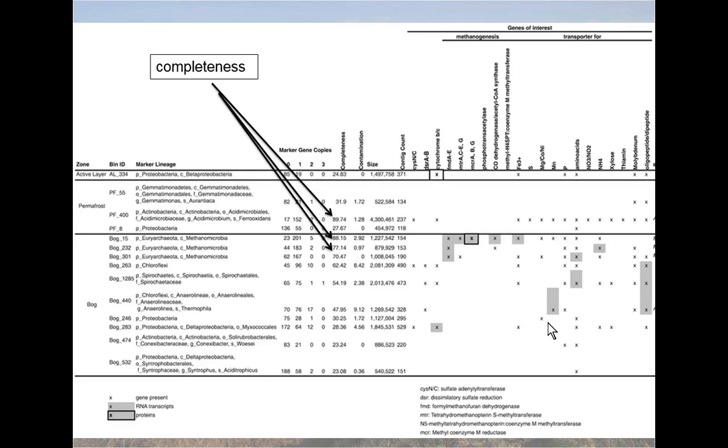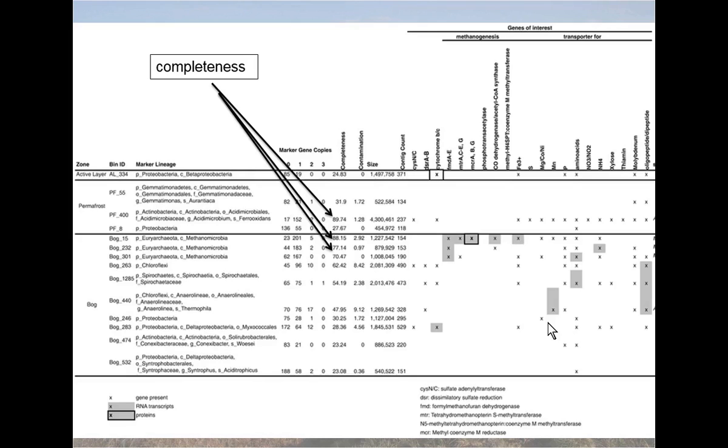And it's really small, so I will read it for you. The completeness for the permafrost draft genomes was that there was one that was 89% complete, and for the permafrost thermokarst bog, there was one that was 88 and 77% complete. So they were really nice genomic bins.